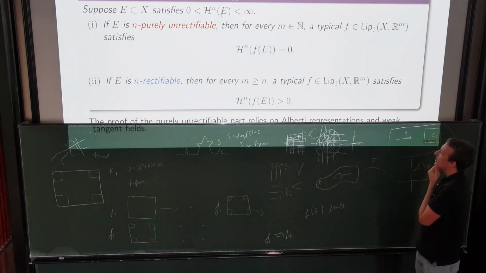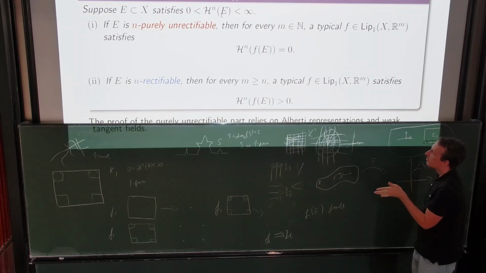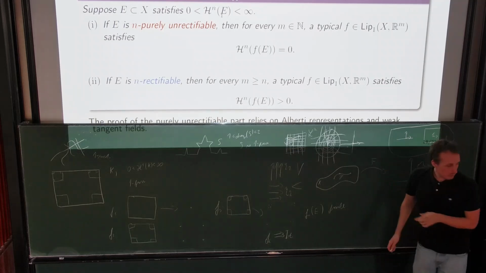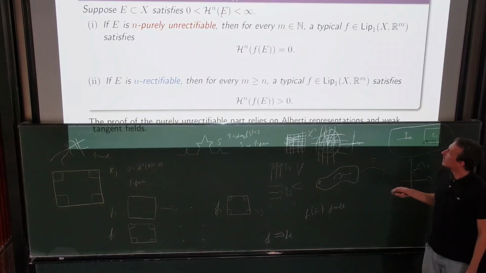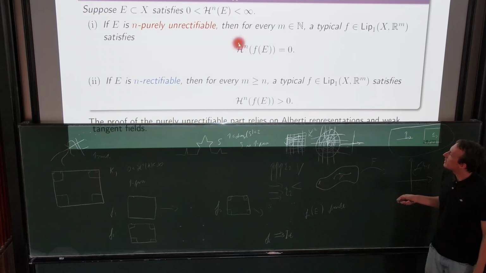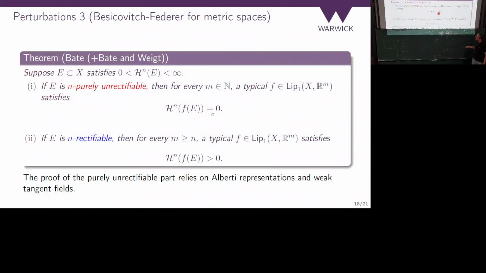And okay, so then the second question is, we can maybe get this squashing into finite sets, but what can we do? So that's one way to improve this. Instead of getting H n of f of E being 0, we would want the dimension to be less than or equal to n minus 1. That would be much stronger, right?